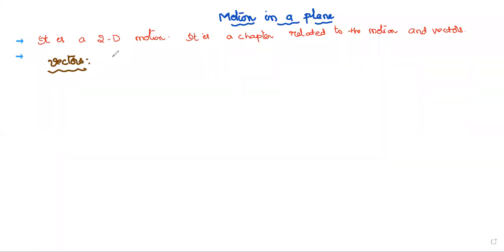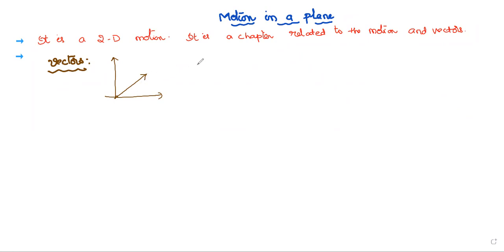So the vector definition I already introduced and you came to know what a vector is, and a few examples were also given. In a coordinate system, if you take a vector from the origin, that is called a position vector.